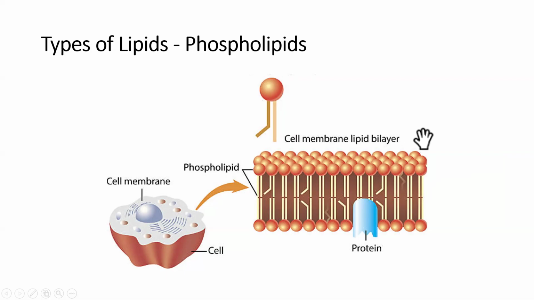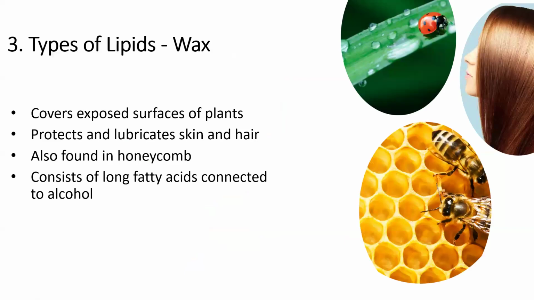Okay, next lipid. What's next on the list? Do you guys remember? Wax, that's right. Wax is not on the quiz, I'll just tell you now, so you don't have to worry about it. But just briefly, wax forms surfaces that are water repelling. Like the waxy coating of a leaf. That's why the water beads around them, right?